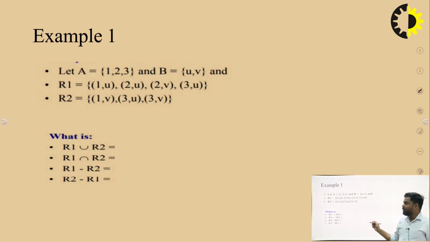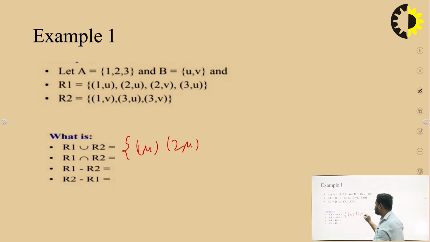So what is R1 union R2? R1 union R2 contains all the elements present: 1u, 2u, 2v, 3u, 1v, 3u, 3v.